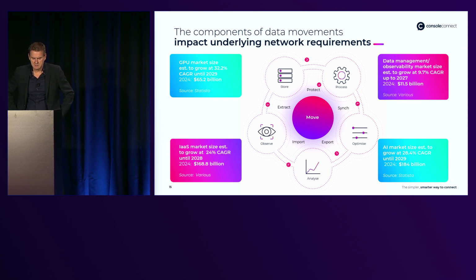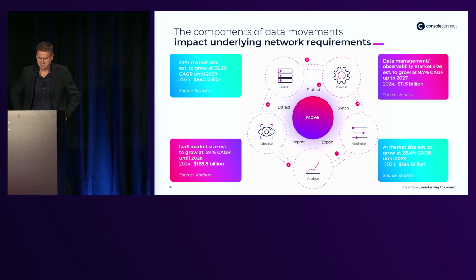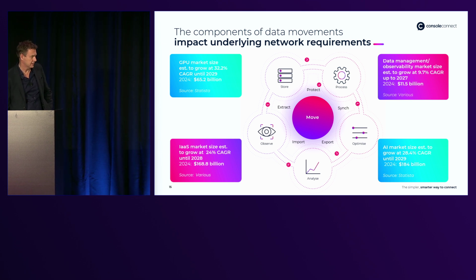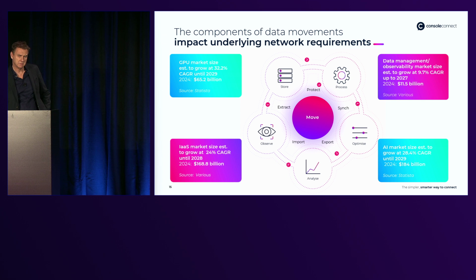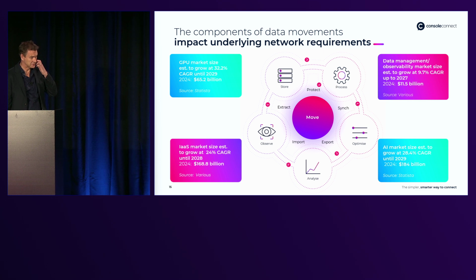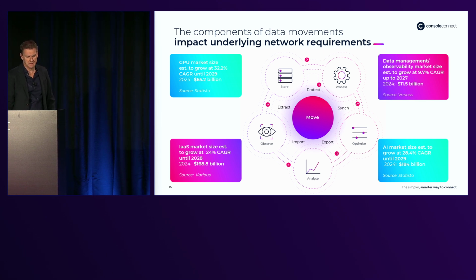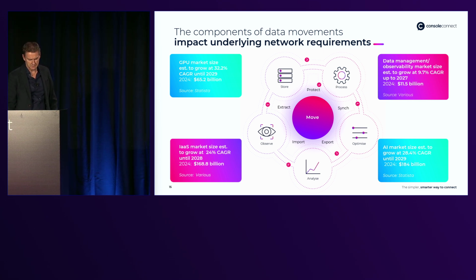So growth in these requirements for the whole data ecosystem is having a real impact on the infrastructure models, which we're going to take a look at in a minute. And Paul's going to take you through some very interesting case studies, which really illustrate some of the things that we see from our customers, and we're helping them to solve.